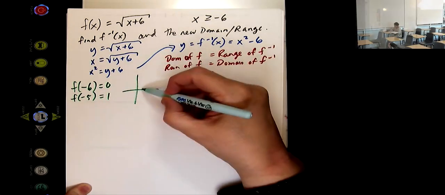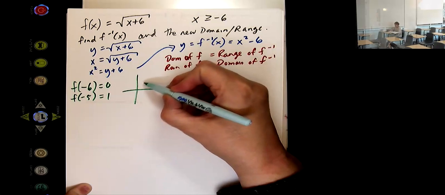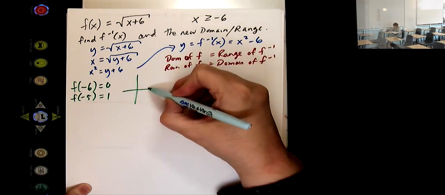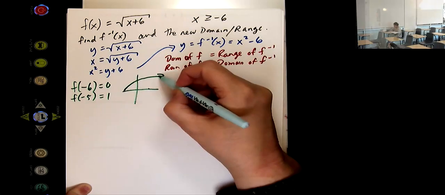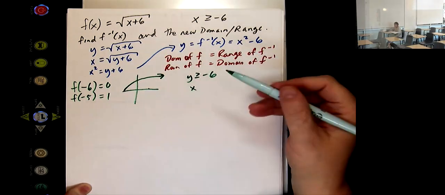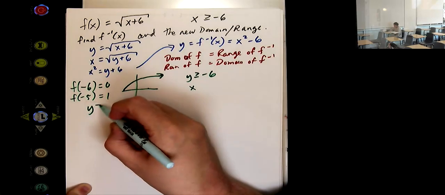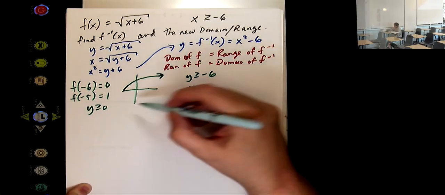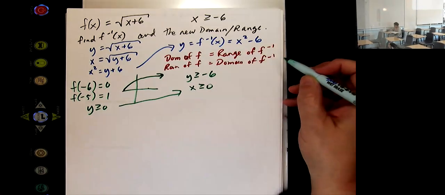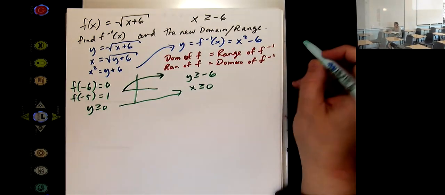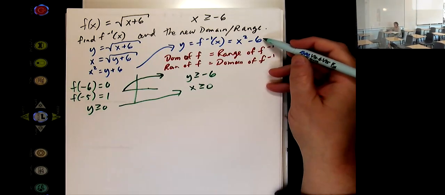The graph of the square root function goes like this. At -6, it actually only goes up, so the range is y is greater than or equal to 0, which is going to translate over here to x is greater than or equal to 0. And we could have seen that if we'd worked with this.